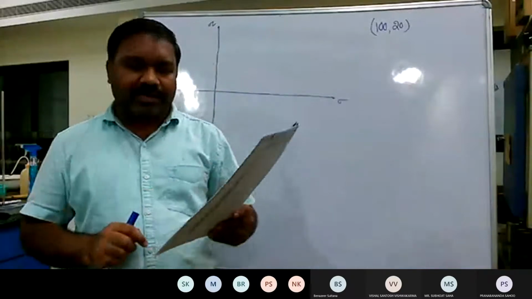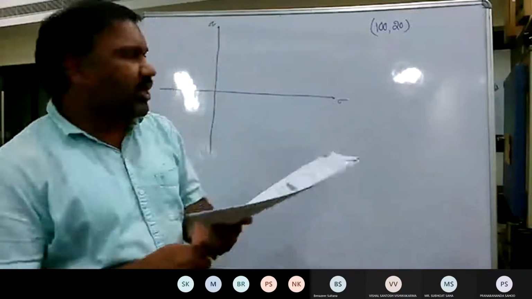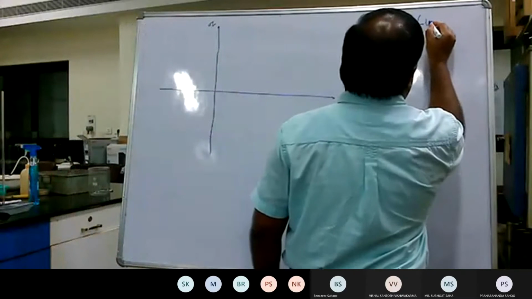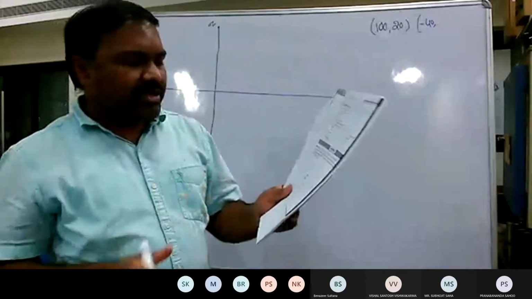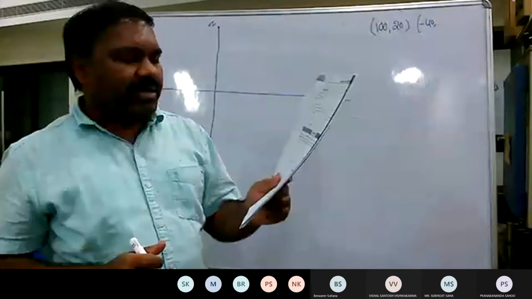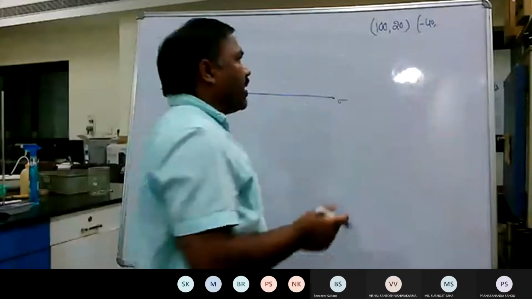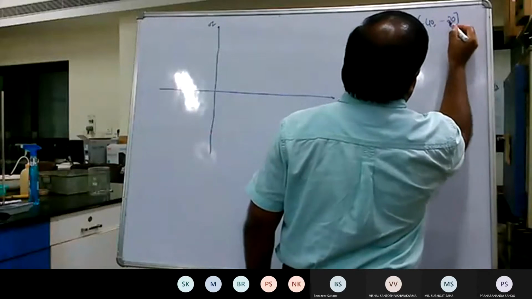While on the vertical axis, the lateral stress acts in the expansion direction, so it is minus 40. Similarly, the shear stress acts in the clockwise direction, so it is also negative, that is minus 20. So minus 40, minus 20.